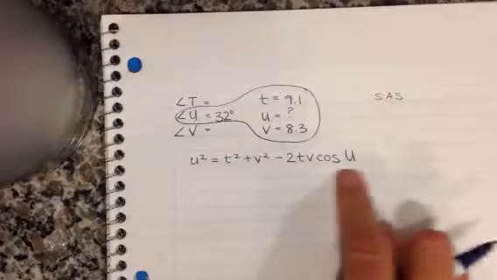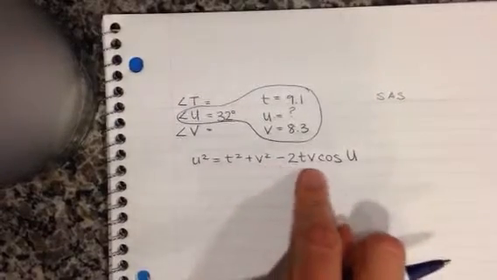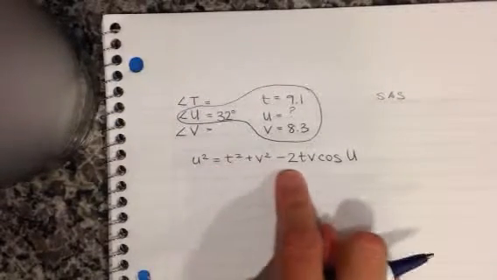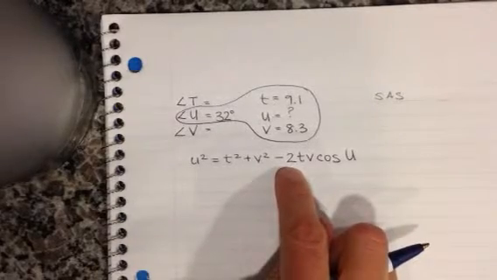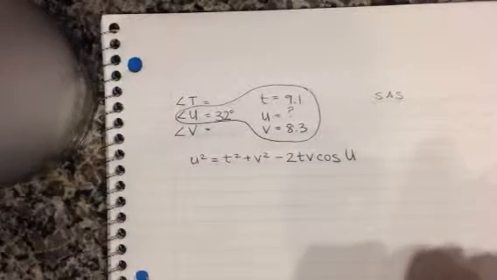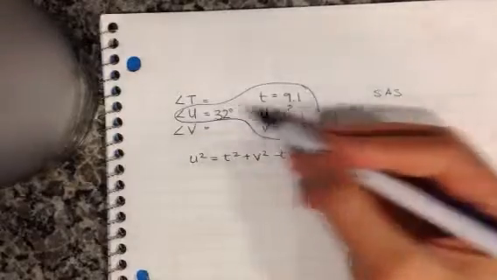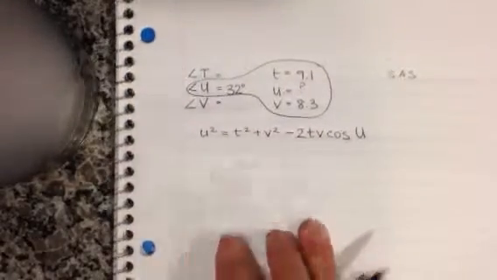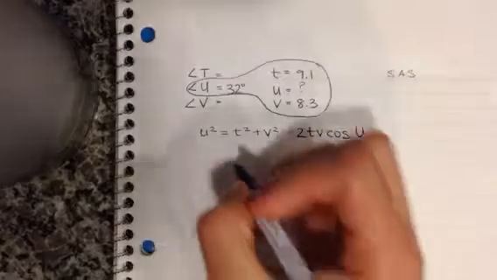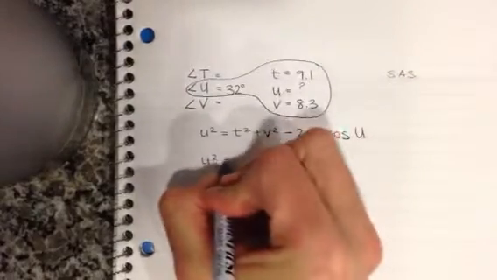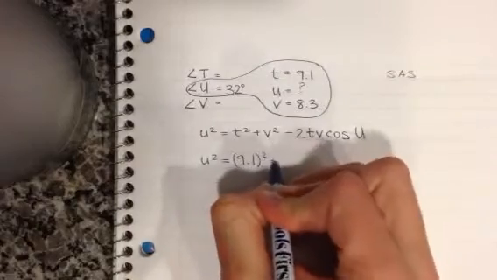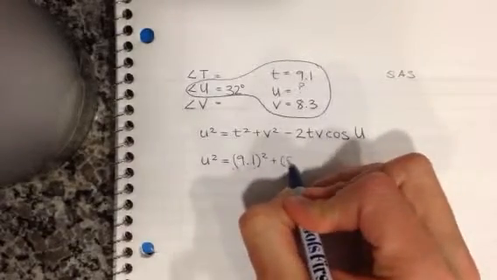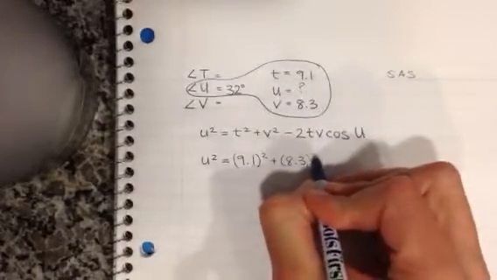Now you don't have to write this out each time, but as long as you understand that formula, that's the key thing. After maybe the first couple of problems you want to write it out, but afterwards it's going to start to make sense to you. So I'm going to just plug my numbers into where they go. U squared is what I'm looking for. T is 9.1, so I've got 9.1 squared, plus V is 8.3, 8.3 squared.